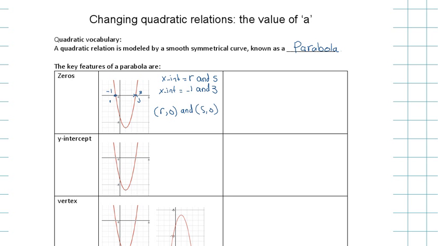The x value is the R, and the y value is going to be 0 because it's on the x-axis. And then the next one is S and 0. Let's include the values here. What would it be? -1, 0, and 3, 0. You can pick which way you would like. You don't have to write them both ways. Learn one and learn it well. Either way.